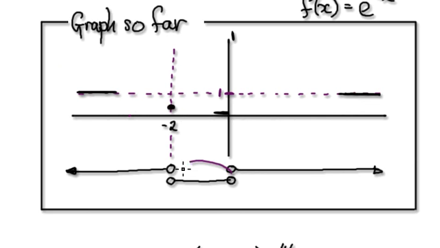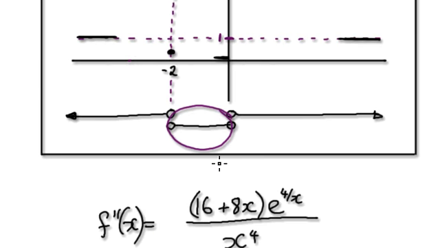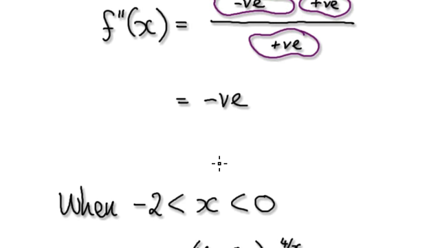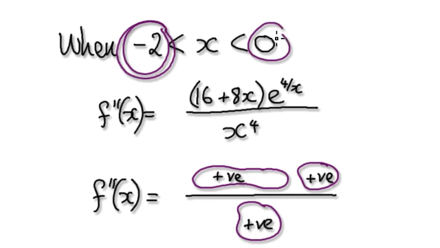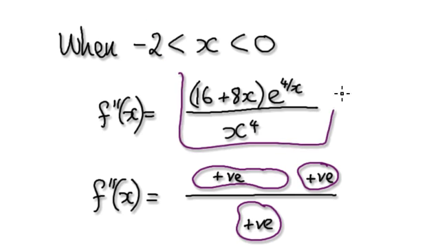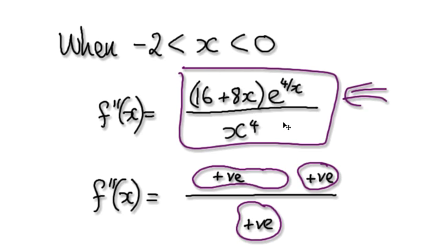Now let's consider what happens in the region between minus 2 and 0. Remember f double prime is given by this; we worked this out in the previous video.